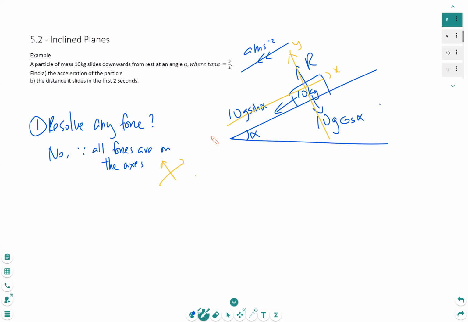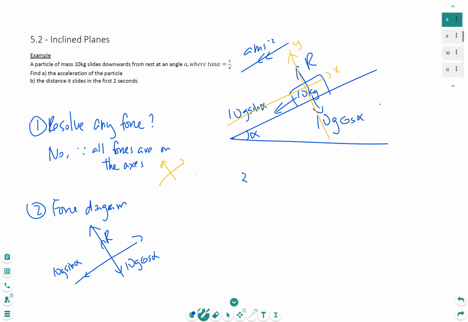Next step, you can draw a force diagram if you want to. Now this is going to be quite useless in this question because you could draw the axes. So we've got 10g sine alpha in here, we've got reaction, and we've got 10g cos alpha. Now, where is the acceleration pointing? Step 3, the acceleration is on the x-axis.